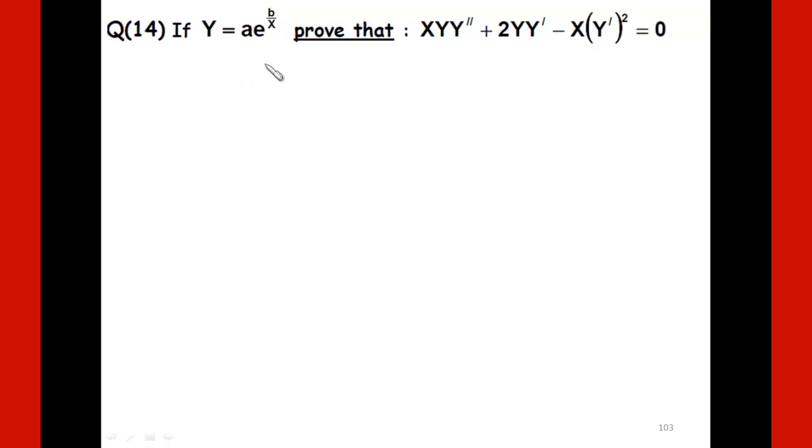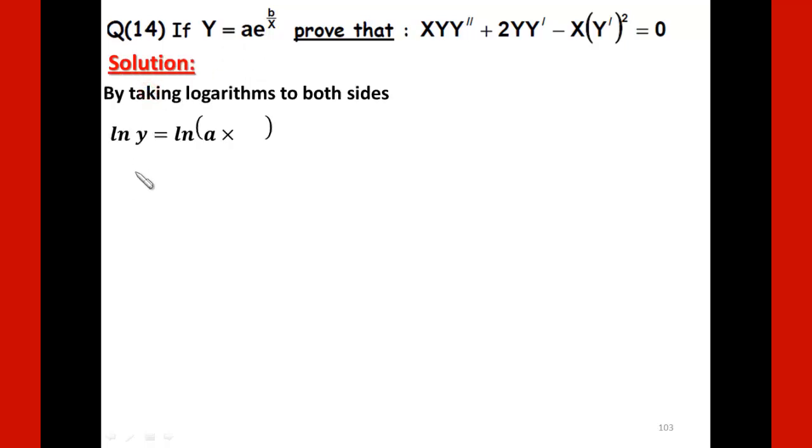So to find the first and the second derivative, we take the logarithm of both sides as follows. Ln y equals ln of a multiply e power b over x.